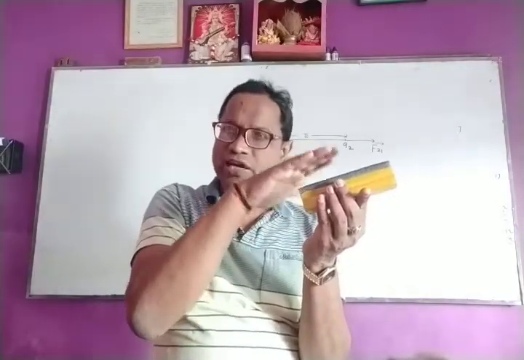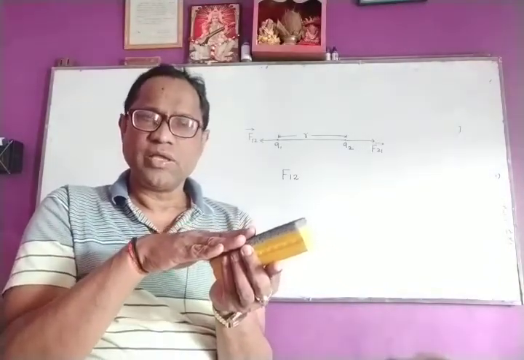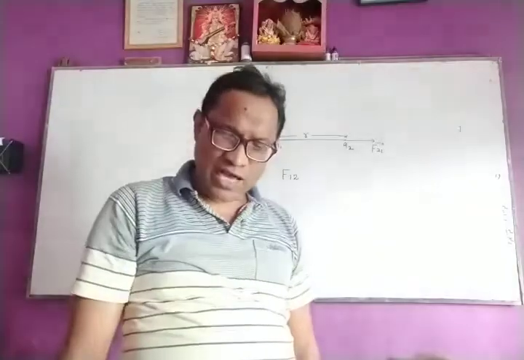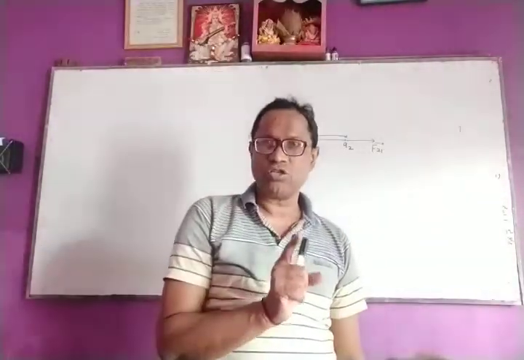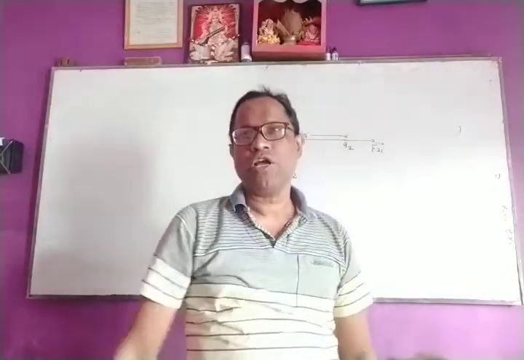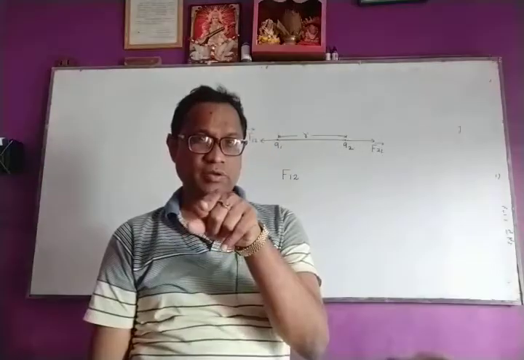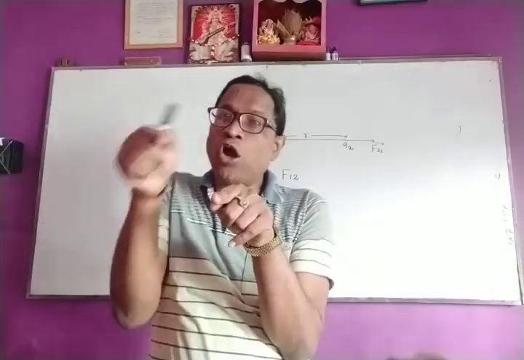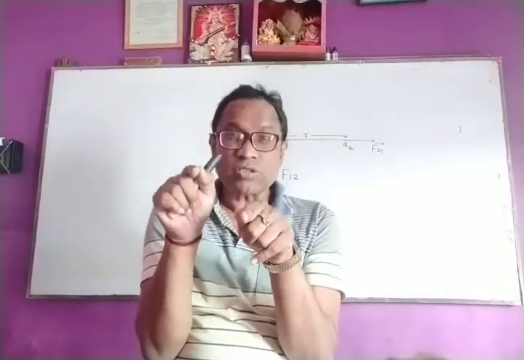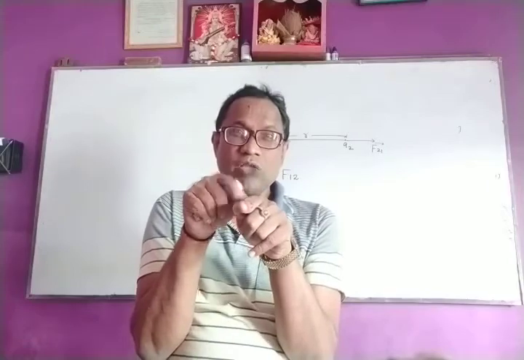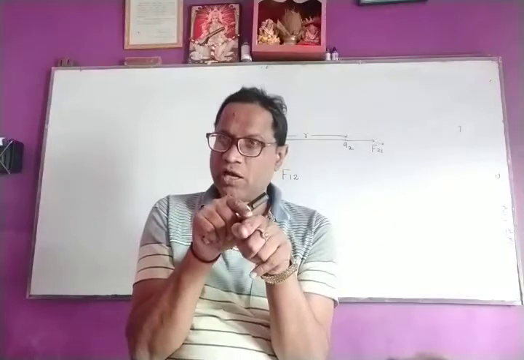The force exerted on the charge. So the charge which exerts a force is called source charge, or the charge which experiences a force is known as test charge. The force on Q1 means force exerted on Q1 due to Q2. Q2 exerts a force on Q1. Q2 is the source charge, and Q1 is the test charge.